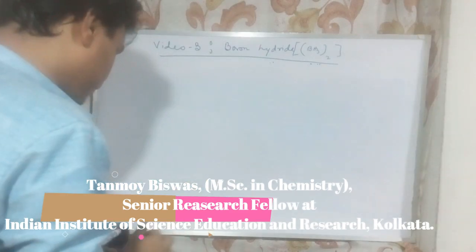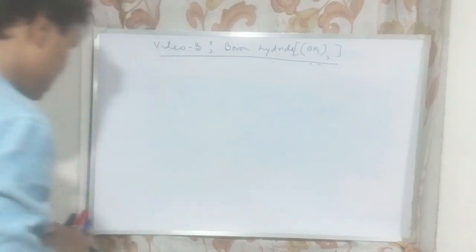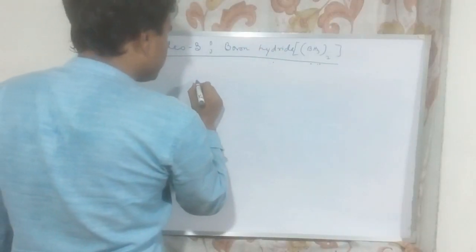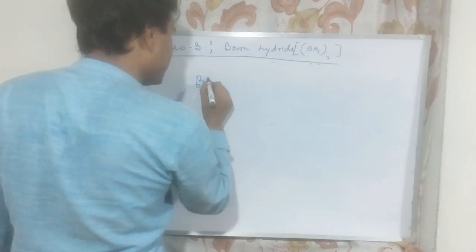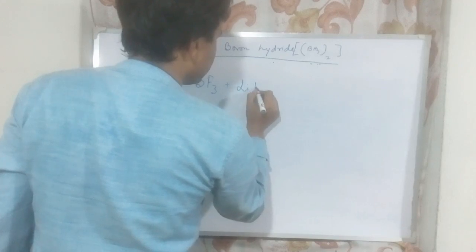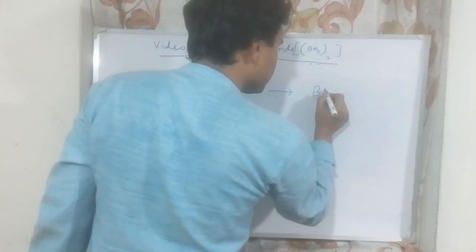molecule. So before going to anything further, first we will explain about the preparation of BH3, how this molecule is prepared. This BH3 is prepared from boron halide. As for example, boron trifluoride reacts with lithium hydride and results in the formation of BH3.